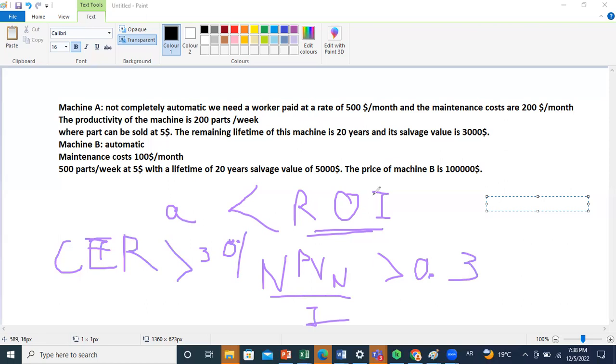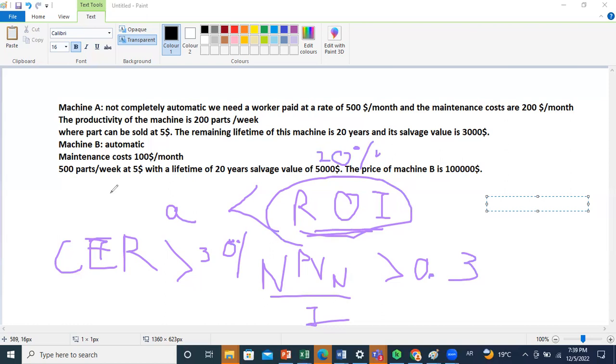But if we just want to rely on the value of ROI to get an idea about whether my project is good to go through or not, we can say that having a large ROI is very good. Why? Because let's say you have an ROI of 20%. This means that any value below 20% will give you NPVN larger than 0.